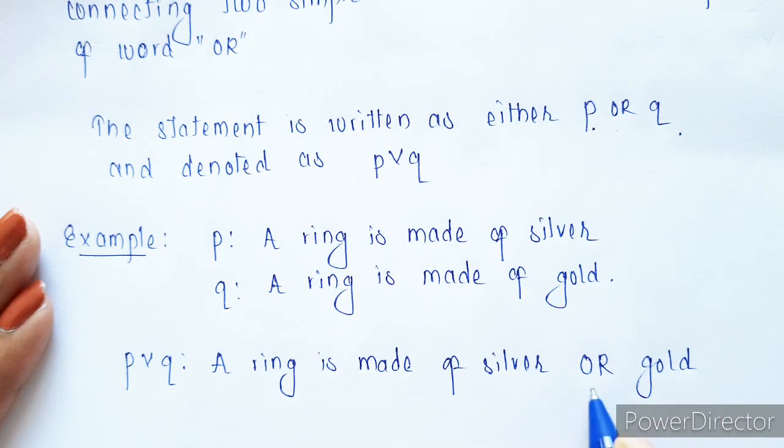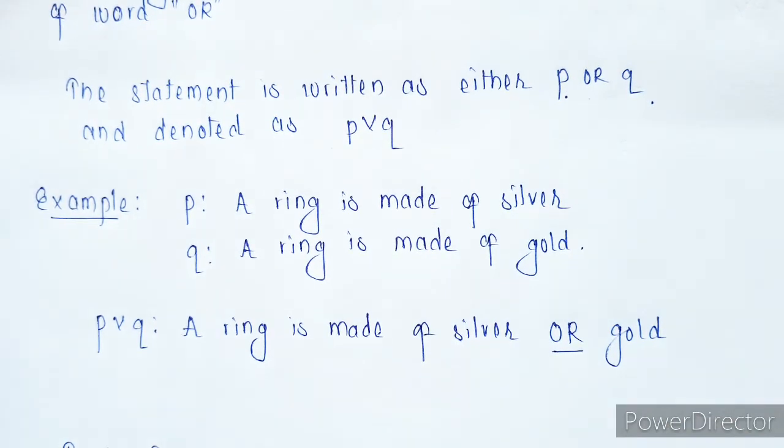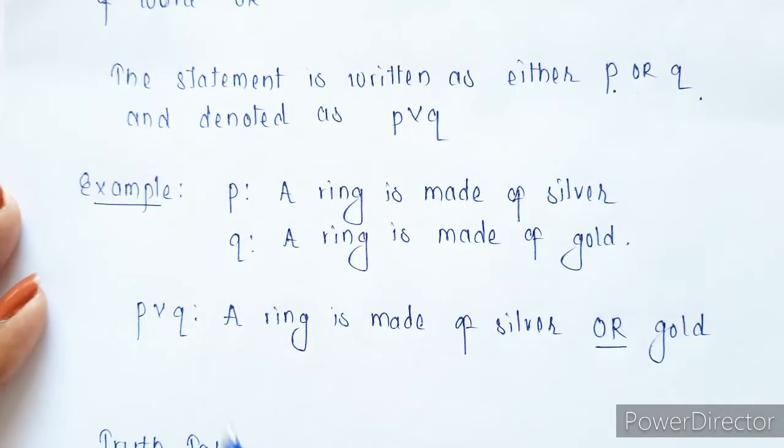So we are using this word or to connect these two simple statements. We can even write this as a ring is made of silver or a ring is made of gold. So let me just write that.